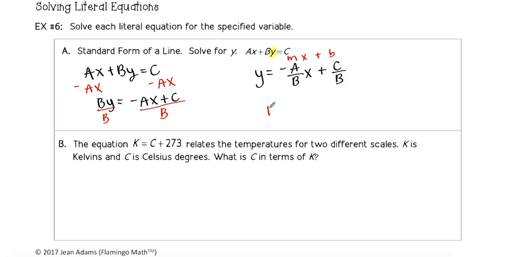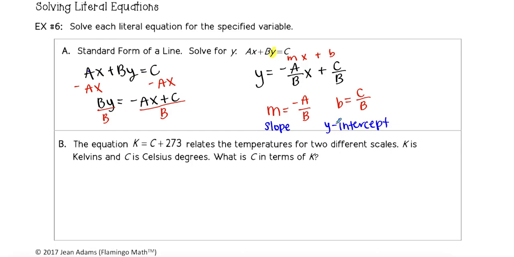So we know our slope of this line is negative a over b, and our intercept is c over b. So again, if you forgot, this is your slope, and this is your y-intercept. Perfect.